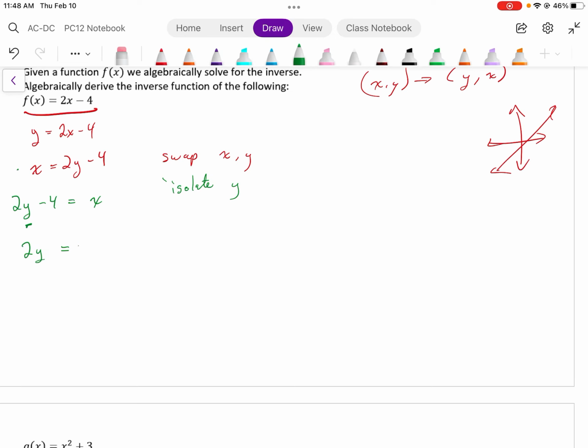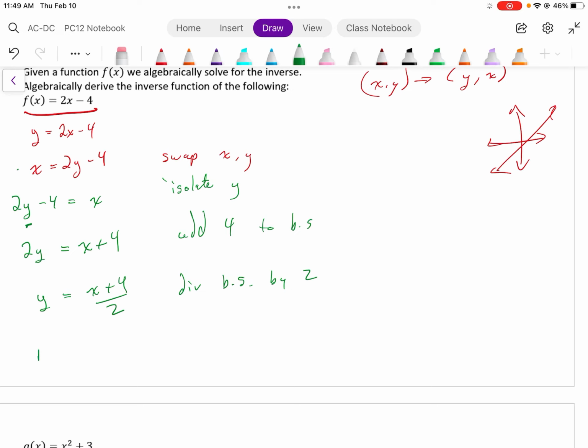The first thing that I would do is probably add 4 to both sides. The next thing that I would probably do is divide both sides by 2. And there's my inverse function. So I'm going to isolate y, add 4 to both sides. And this one, I would say divide both sides by 2, and I'm done.